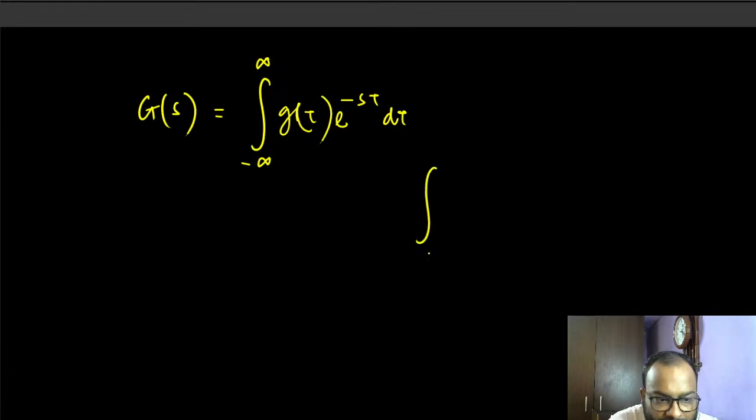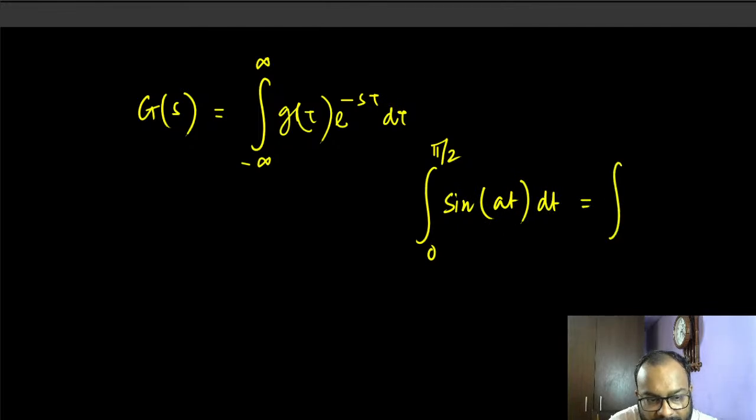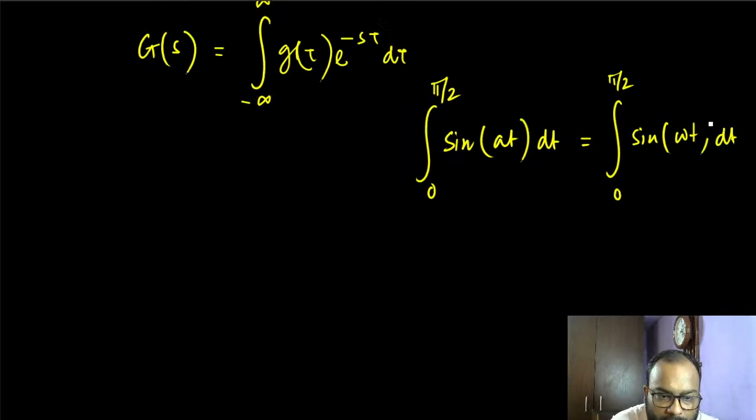Just like, for example, if I ask you to do this integration from zero to pi by 2 of sine at dt, the result of this is going to be exactly equal to the integral of sine at d tau.